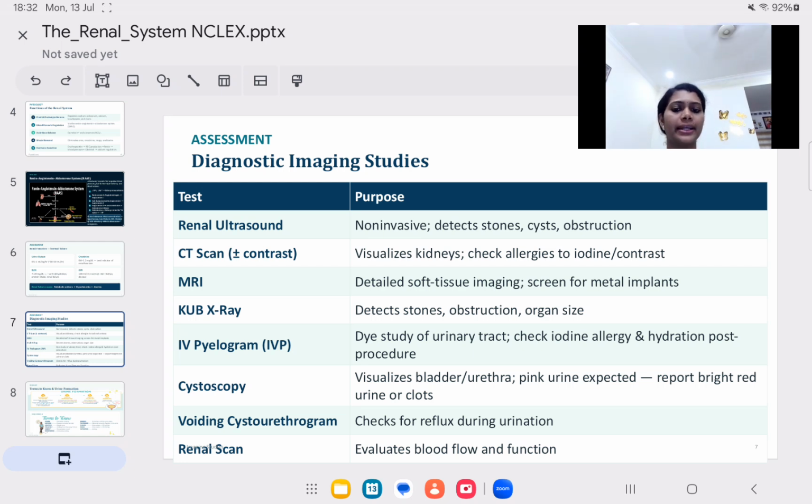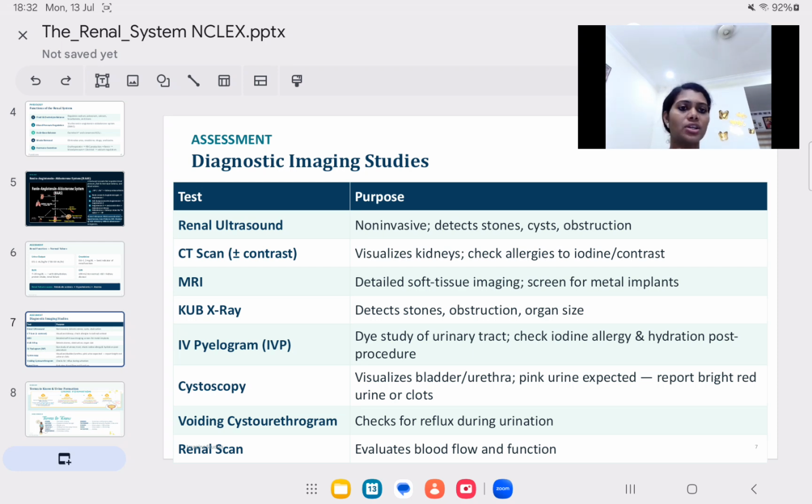Then the voiding cystourethrogram can be done. It is to check for the reflexes, such as reflex incontinence or urinary bladder dysfunction. Due to reflexes, the bladder is not functioning properly, so there will be continuous leakage of the urine.